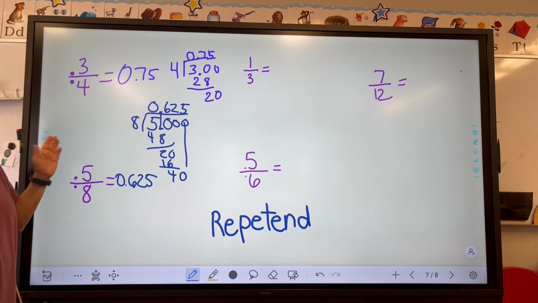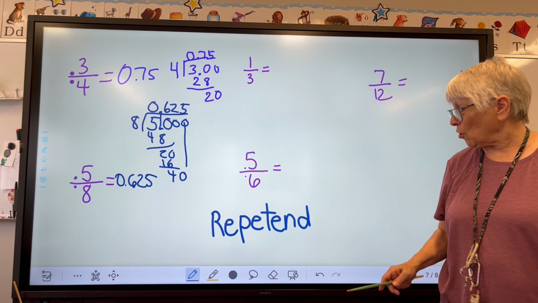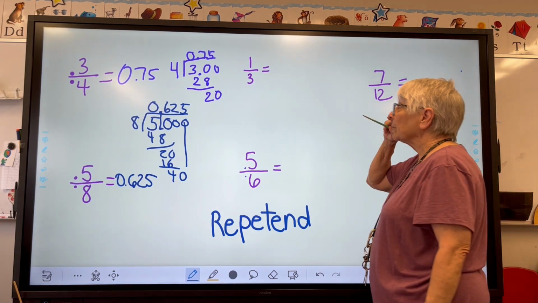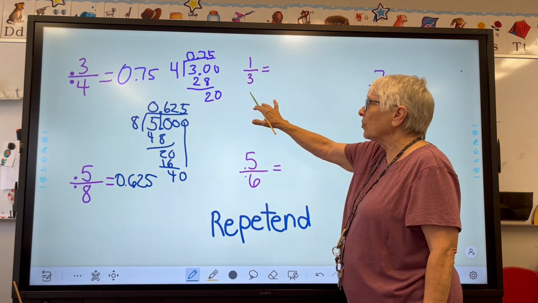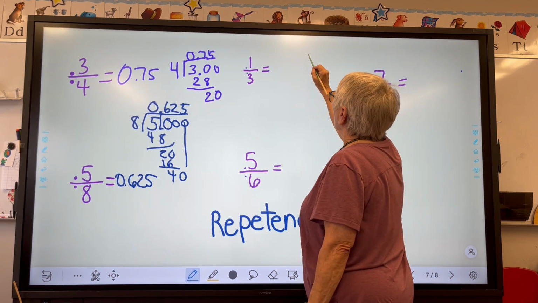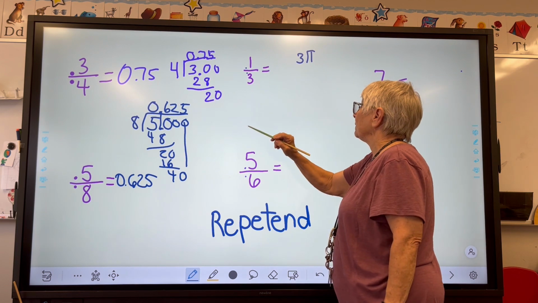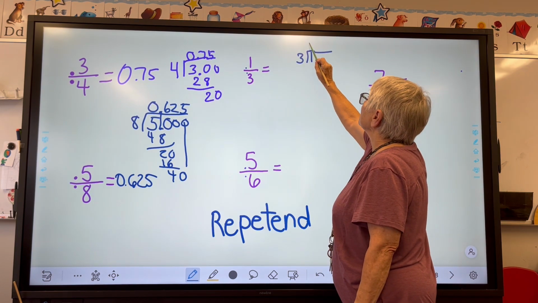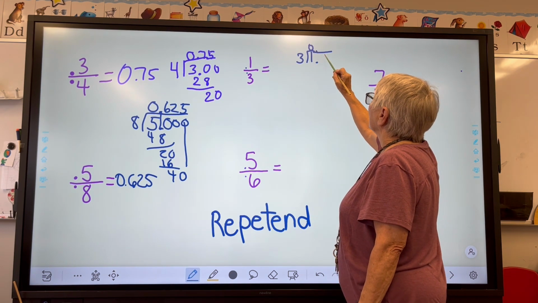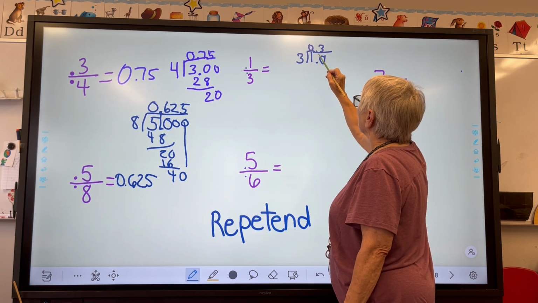And sometimes a number begins to repeat. When that happens, it's called a repetend because it's repeating. Let's check the 1/3 here and try it. Remember, this is divided by, so the 1 is in the box, the 3 is on the outside. And 3 goes into 1 0 times. Add the decimal, bring it up, add a 0. 3 goes into 10 3 times.